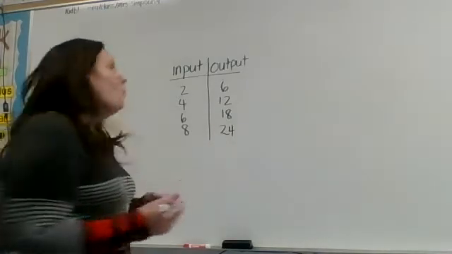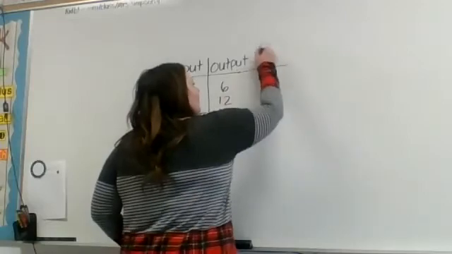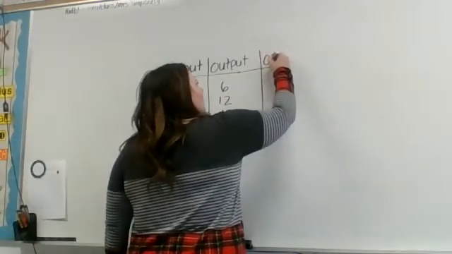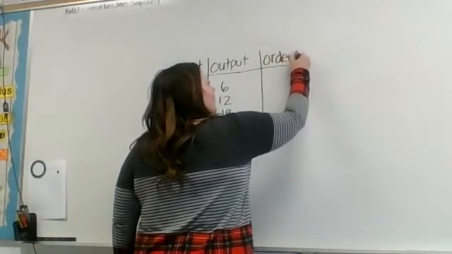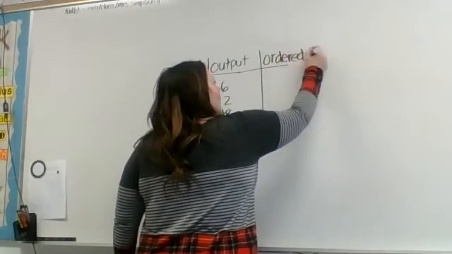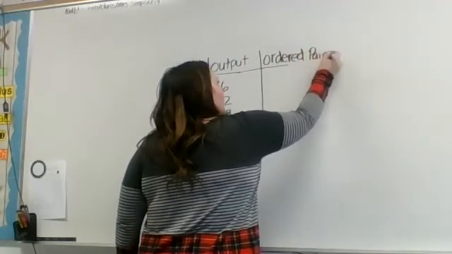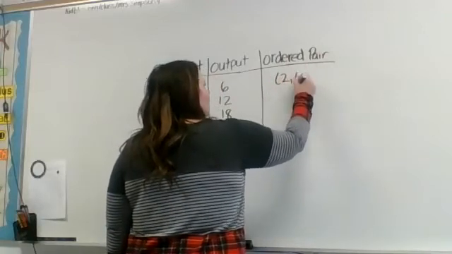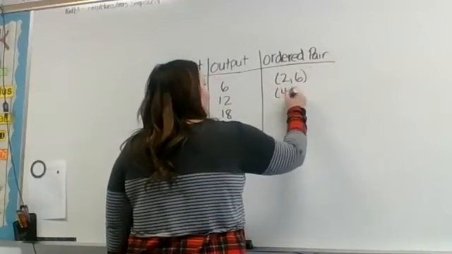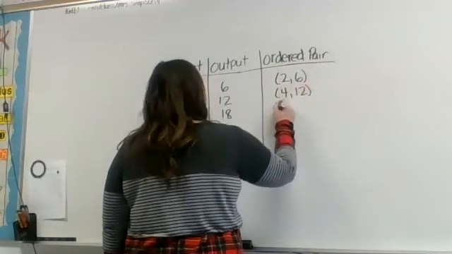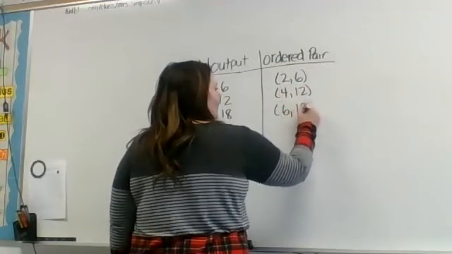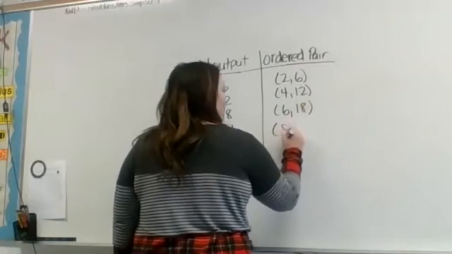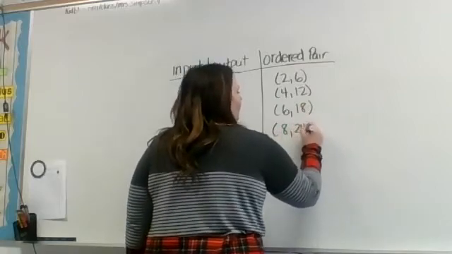And so what we can do for an ordered pair, we would say that this is (2, 6), (4, 12), (6, 18), and (8, 24).